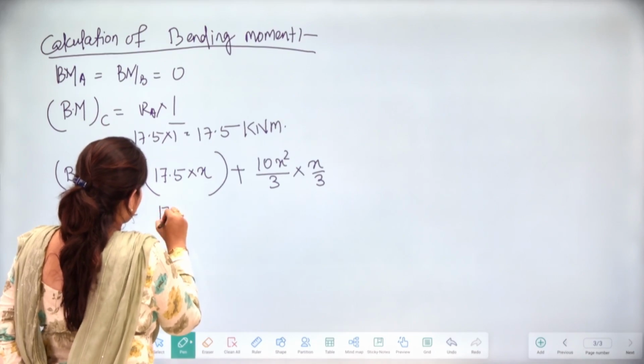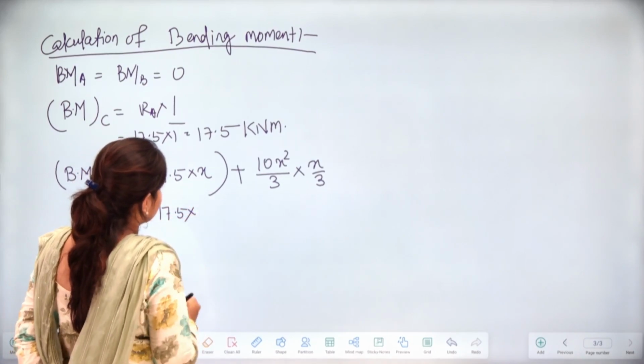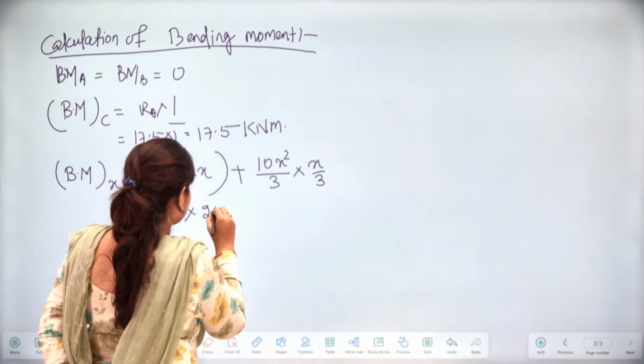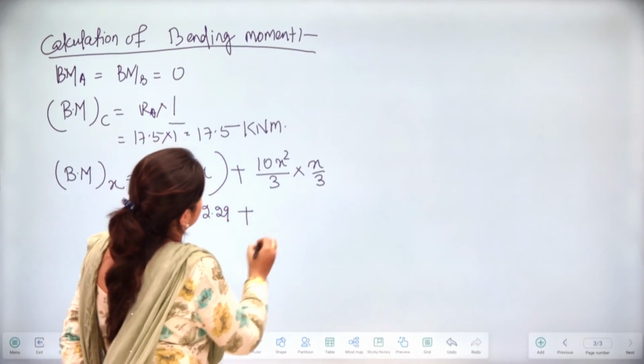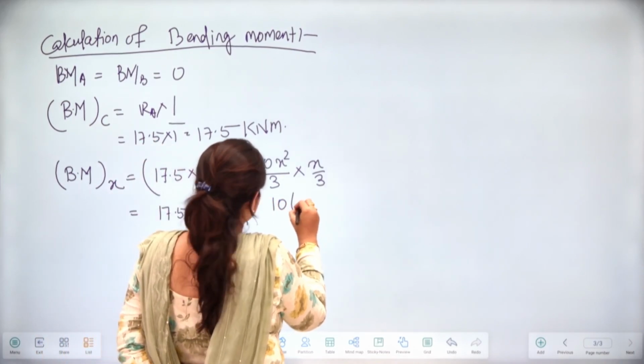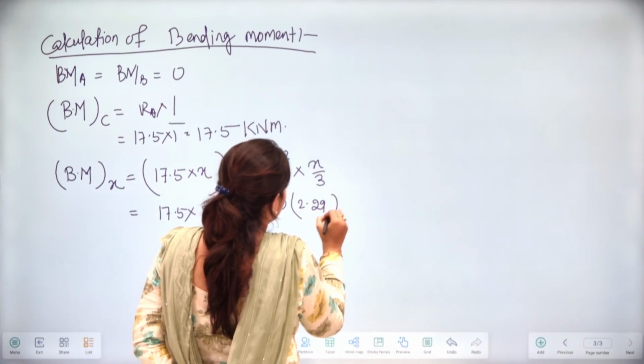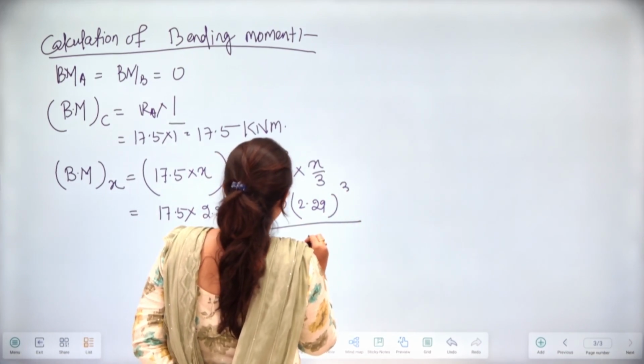This 17.5 multiplied with x, which is 2.29, plus 10 into 2.29 whole cube divided by 9.